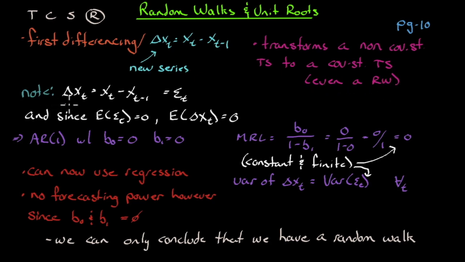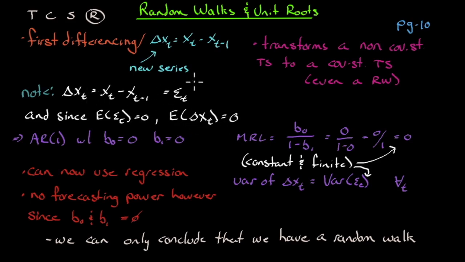So here, note that delta xt is just the error term. If we're taking xt and subtracting xt minus 1, all we're left with is the error term. And since the expected value of the error term is 0, the expected value of the difference will also be 0.